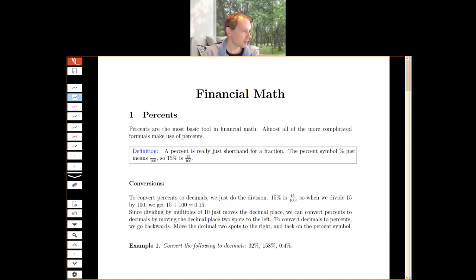Percents. Percent is really a shorthand for a fraction. You can always think of the percent symbol as just meaning divided by 100. And so something like 15% is 15 over 100. And this is going to be very helpful from a mathematical point of view, because if somebody writes 15% and somebody else writes the decimal 0.15, right?